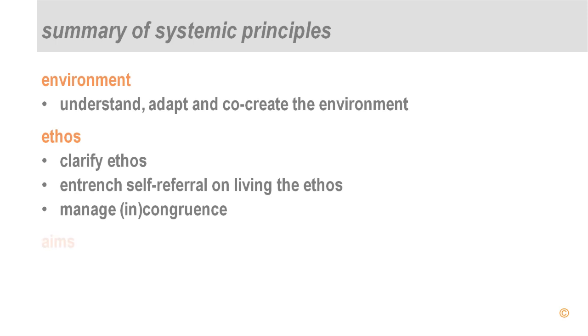Then the aims of the system should be cascaded in space and time, cascaded in space from the containing system, and it should cascade it into its subsystems, and it should cascade its aim in time from the long term to the operational plan and the immediate action.